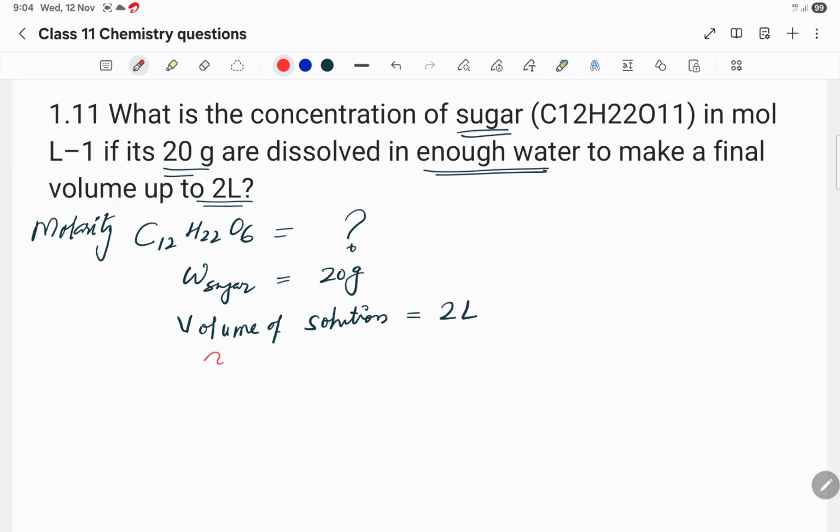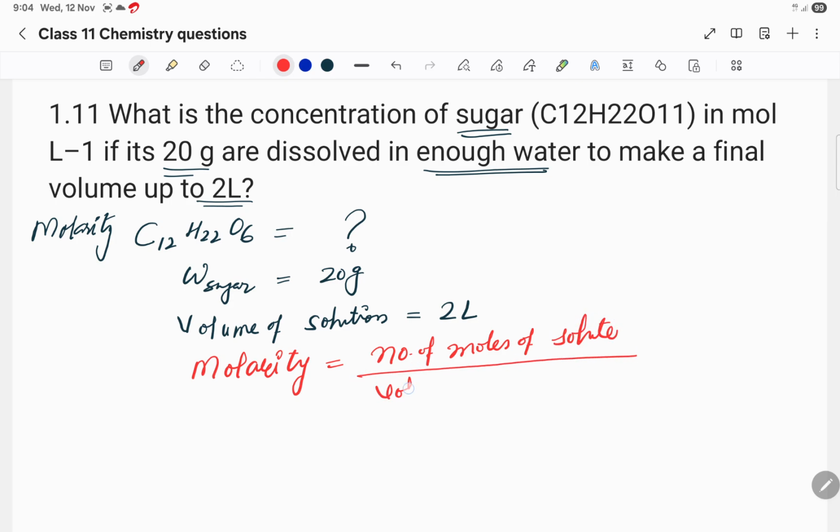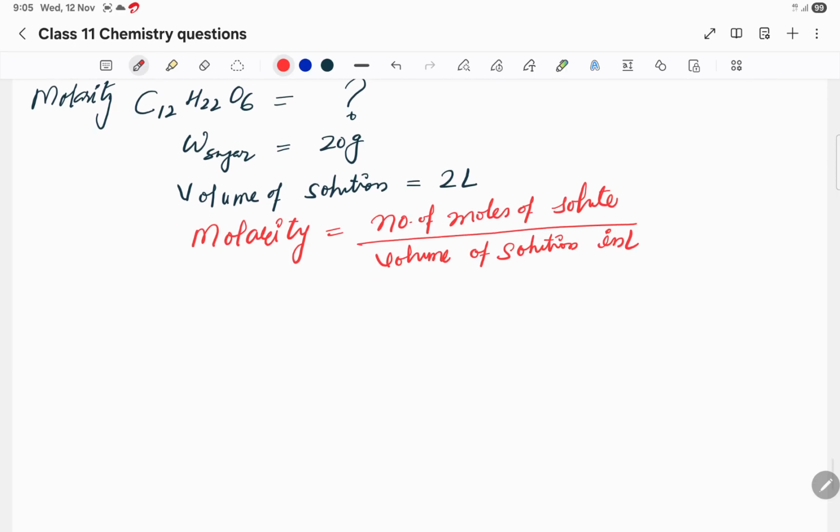Okay, so let's see, what is the formula for molarity? Molarity is number of moles of solute. Over here solute is sugar, divided by volume of solution in liters. Okay, but as you know that we have to calculate the number of moles.